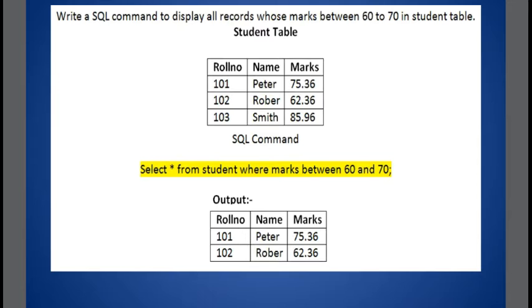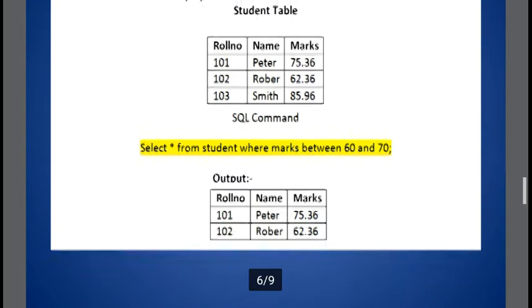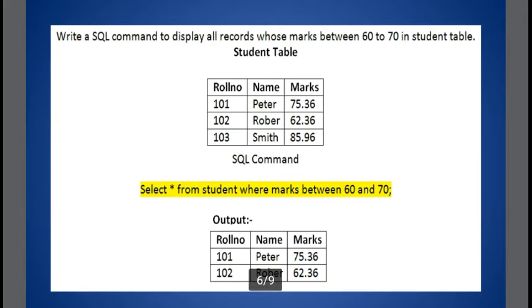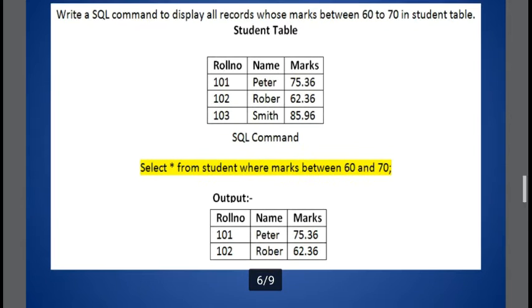Marks. Since the data is in a range, we must use BETWEEN 60 AND 70. It will select all the marks between 60 and 70. You can see this is our output: only 101 Peter 75 and 102 Robert 62. Smith will not be included in our result. This is our SQL command: SELECT star FROM student WHERE marks BETWEEN 60 AND 70.